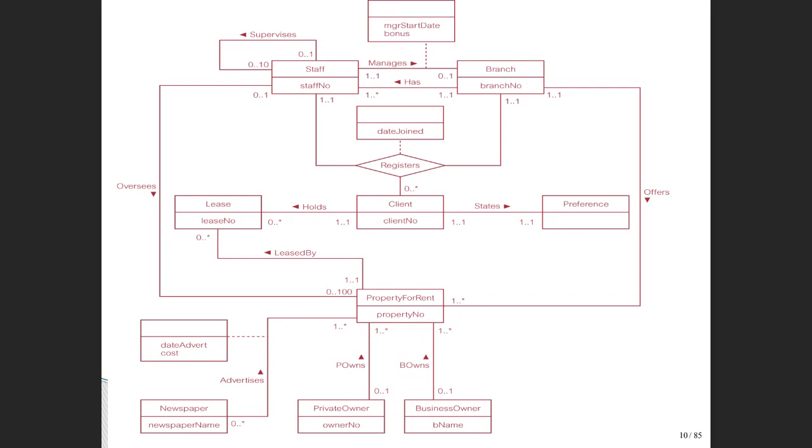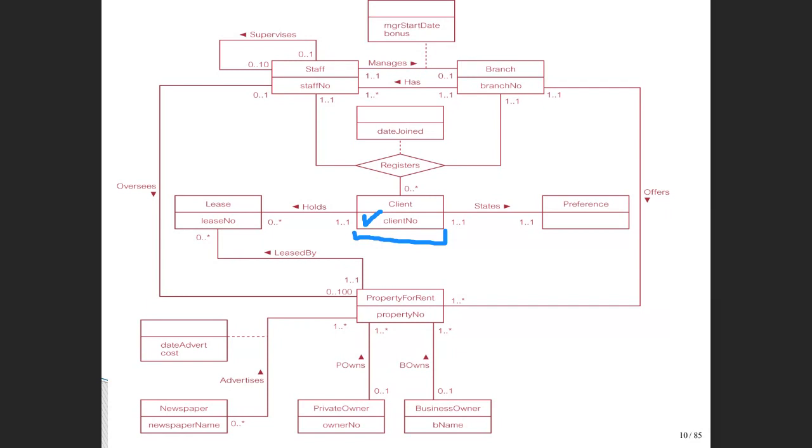So if the client, including the client number as an attribute, this is the client entity, including the client number attribute. This is the main one, or what we call the primary key.